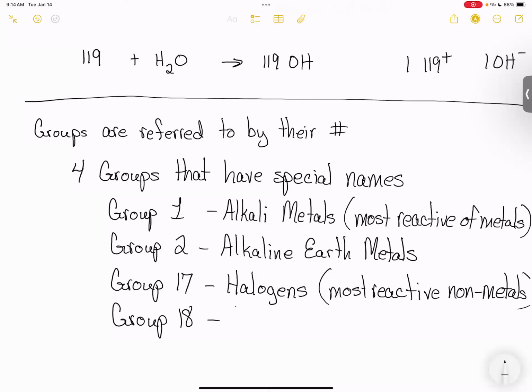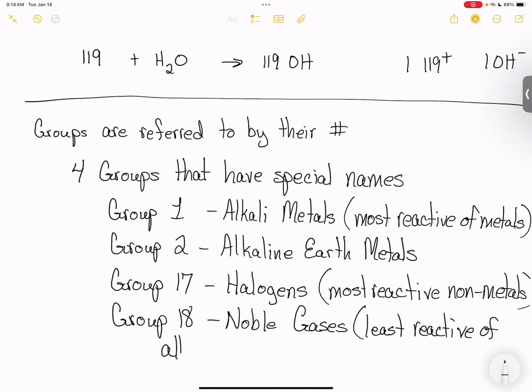Group 18 is known as the noble gases. And these are your least reactive of all elements. When I'm talking reactivity, folks, I am trying to describe again, do they mix with something else to form a new compound?